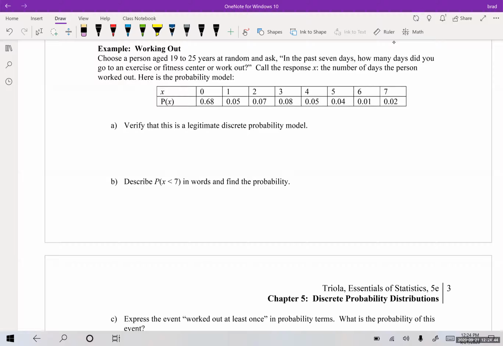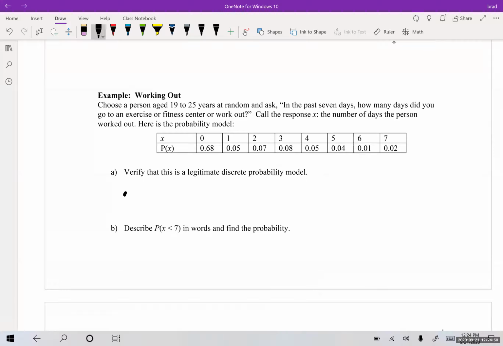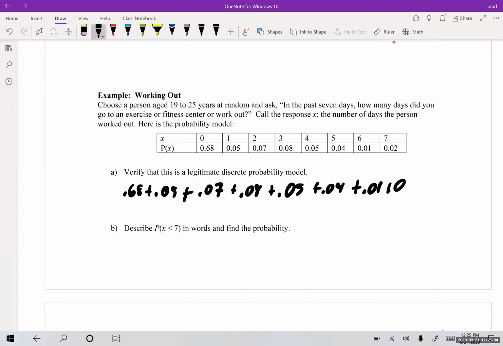So we have to verify that this is a legitimate probability model. So I have to add up all the probabilities. So I'm going to do 0.68 plus 0.05 plus 0.07 plus 0.08 plus 0.05 plus 0.04 plus 0.01 plus 0.02. Oops. Let's see.